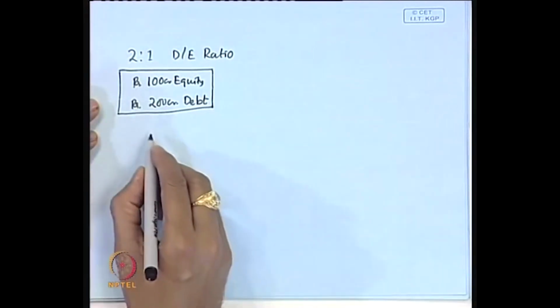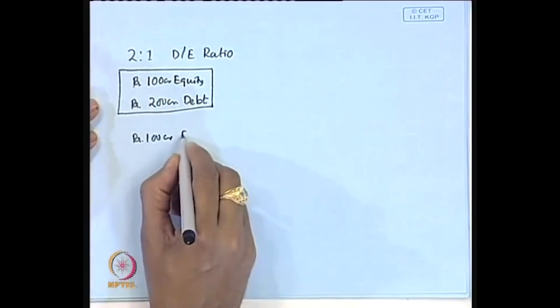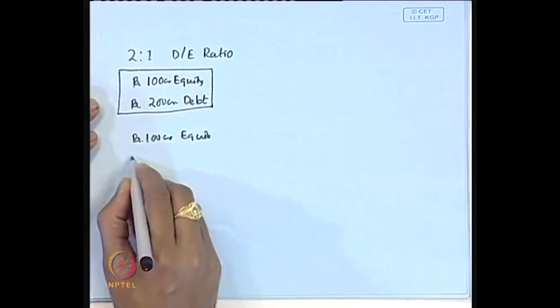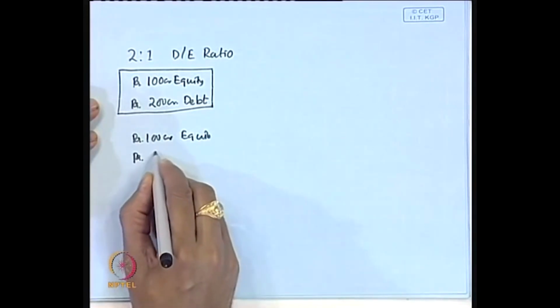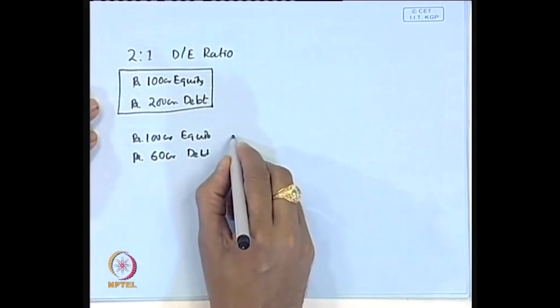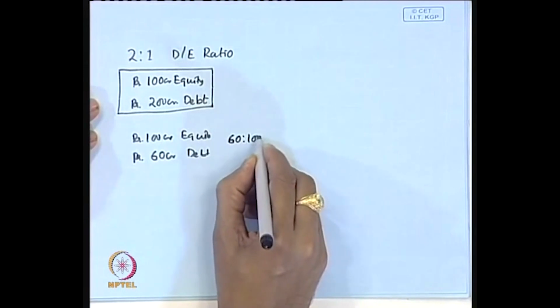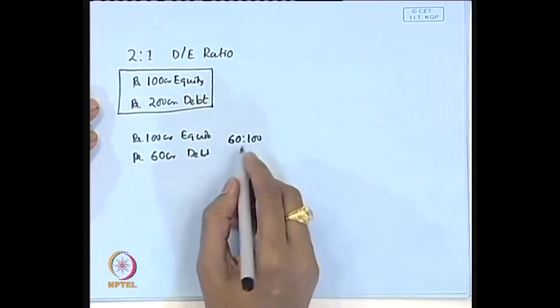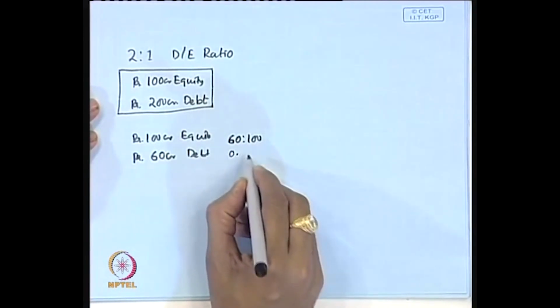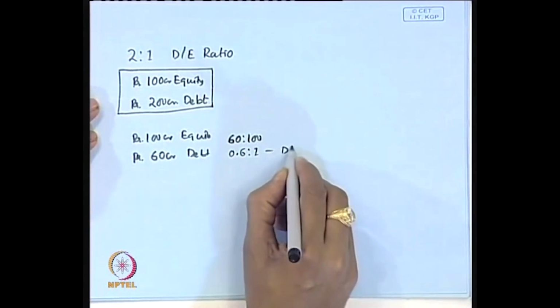If another company has the same 100 crore rupees as equity and, let us say, 60 crore as debt, then 60 to 100, or 6:10, or 0.6:1 is the debt equity ratio.